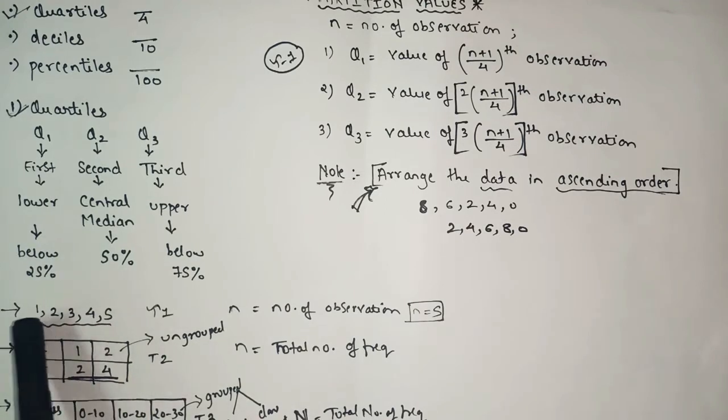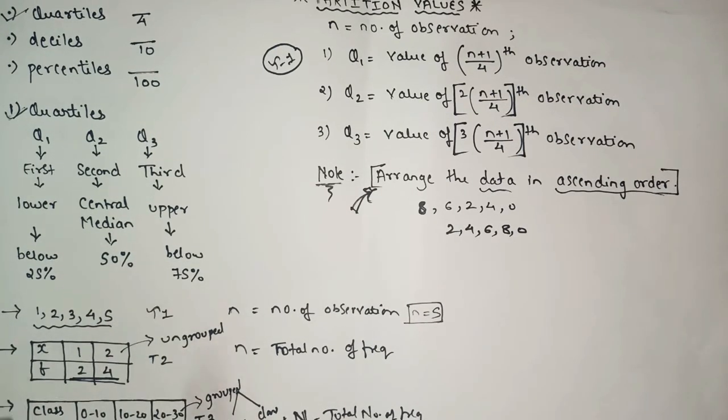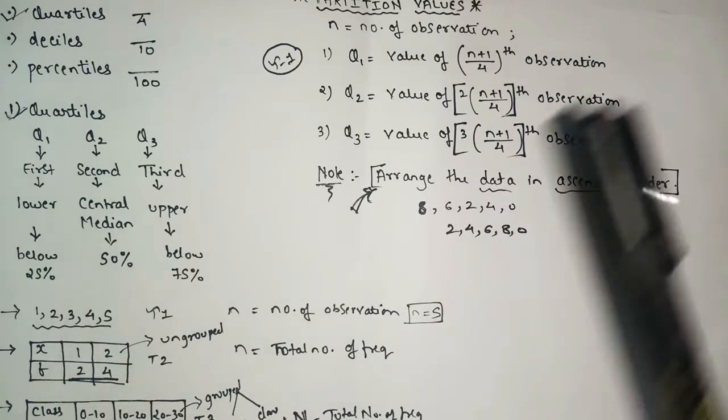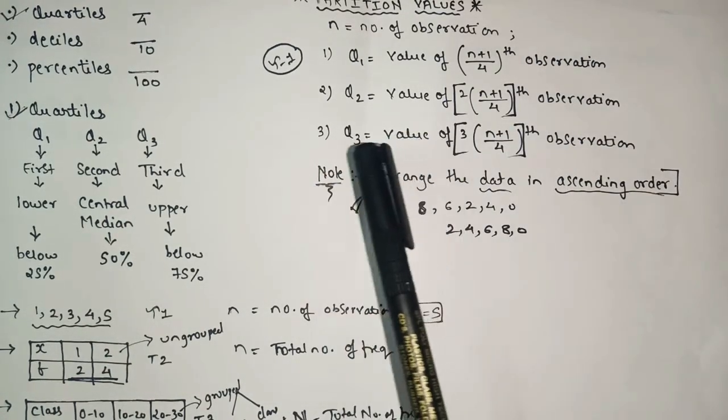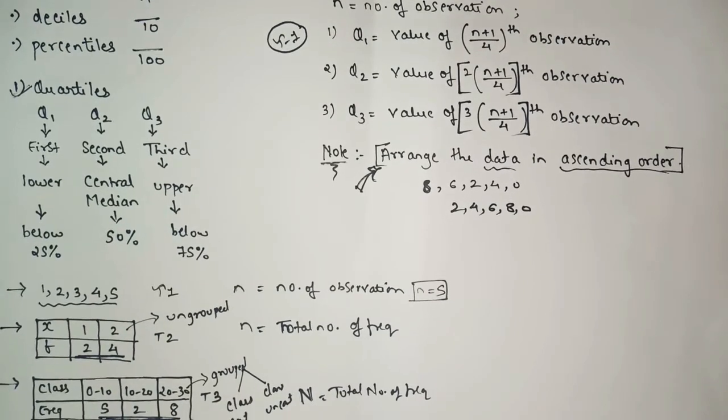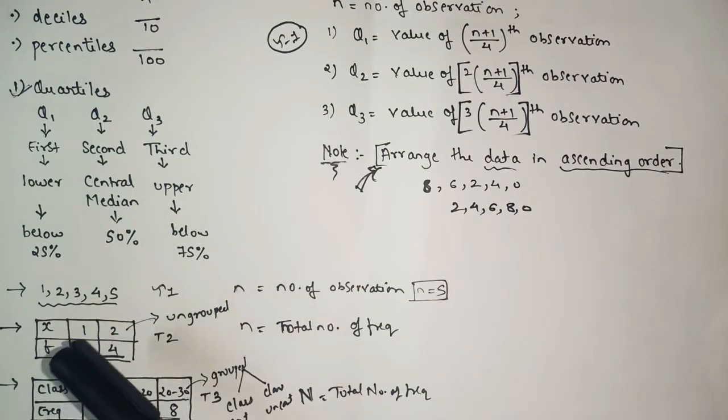Simply you have to count the numbers, how many numbers are there. It is known as n. And here note down, you have to arrange the data in ascending order only, and after that you will apply the formula.